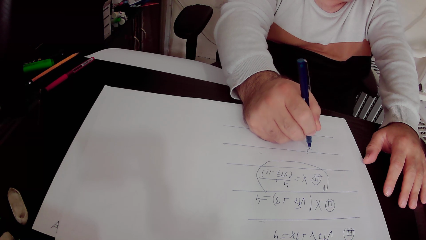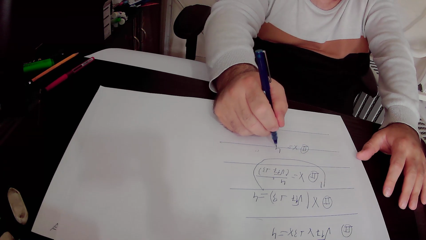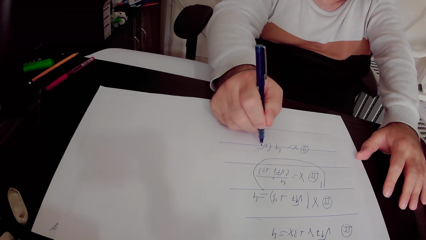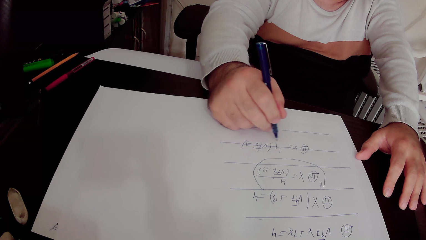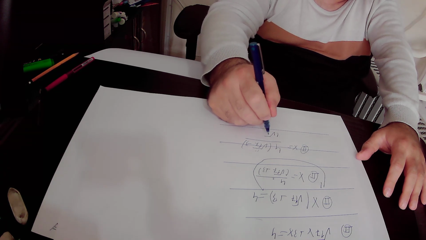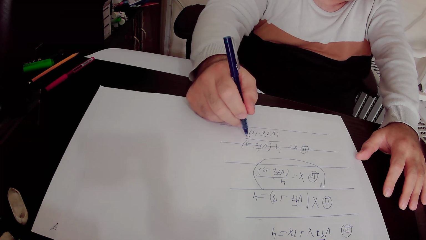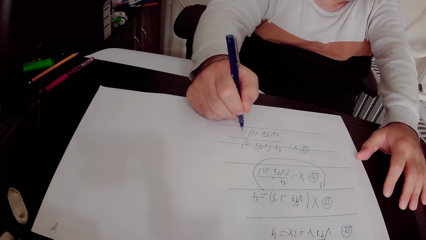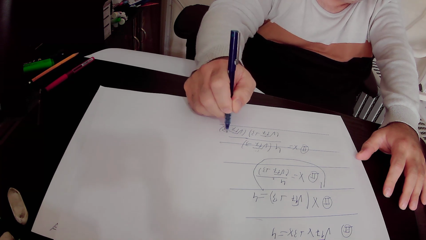So we get that x equals to 4 times square root of 17 minus 3 over square root of 17 plus 3 times square root of 17 minus 3.